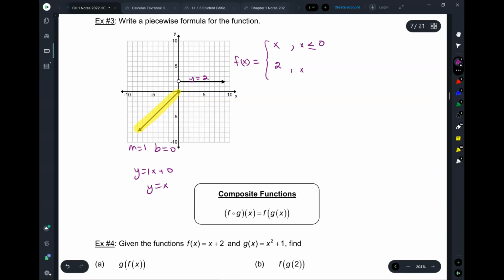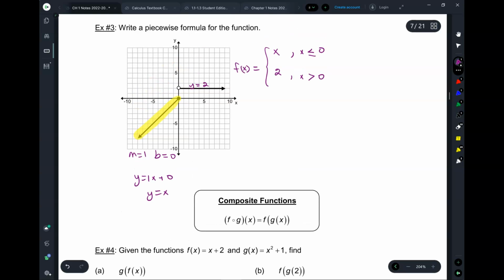This function lives on x's greater than 0. Yep. Why is the first one x? The top equation. It's like 2. This one? Yeah, why is it? You told me that. Remember y equals mx plus b? m is 1, b is 0. Why is b 0? Because the y-intercept is 0.